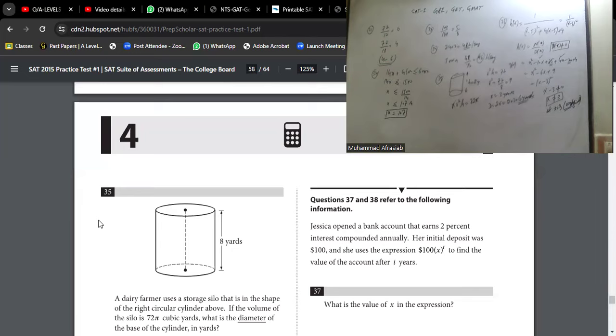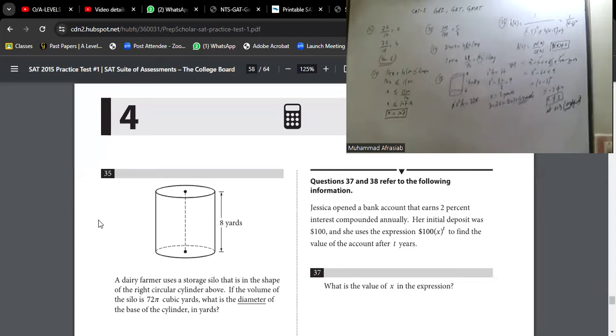Let's say y is the value of the account, y is equal to 100 times x to the power t.